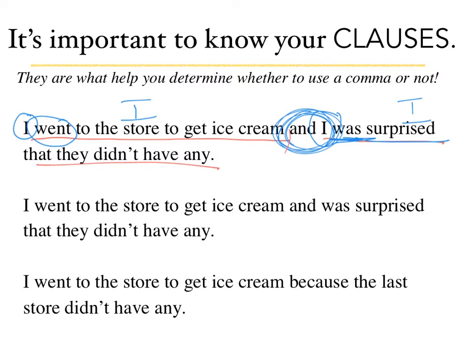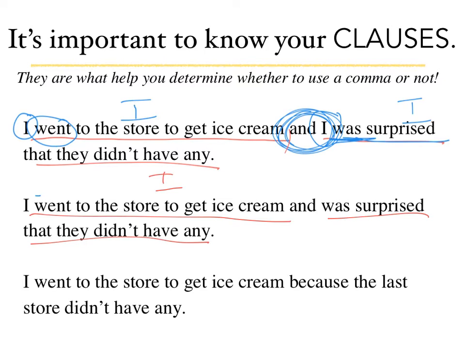But let's look at another example. Again, I went to the store to get ice cream and was surprised that they didn't have any. Now in this situation, the first part is a sentence, I went to the store to get ice cream. It's an independent clause. But the second part, was surprised that they didn't have any, is actually a verb clause because it does not have a subject.